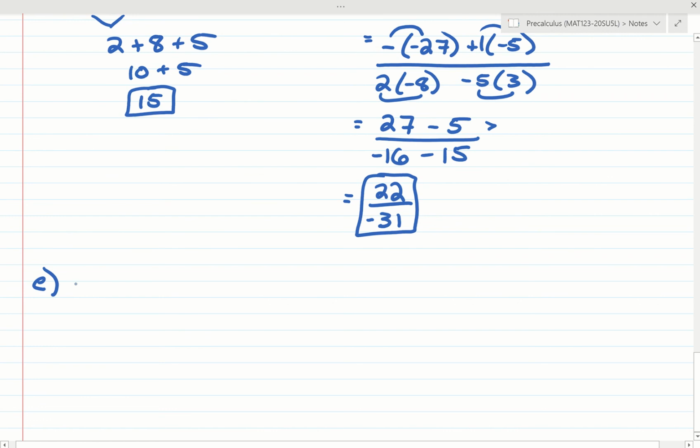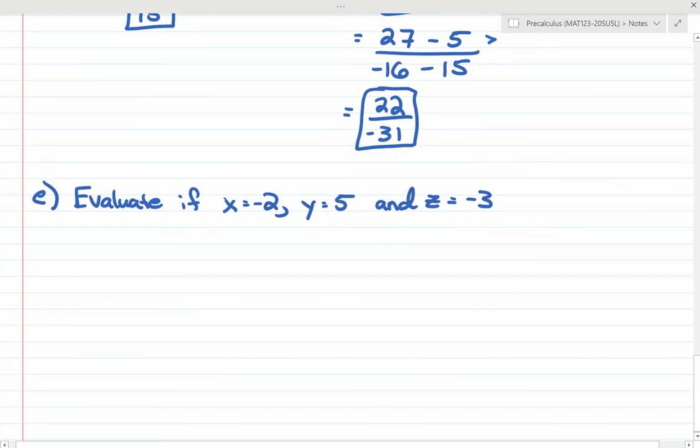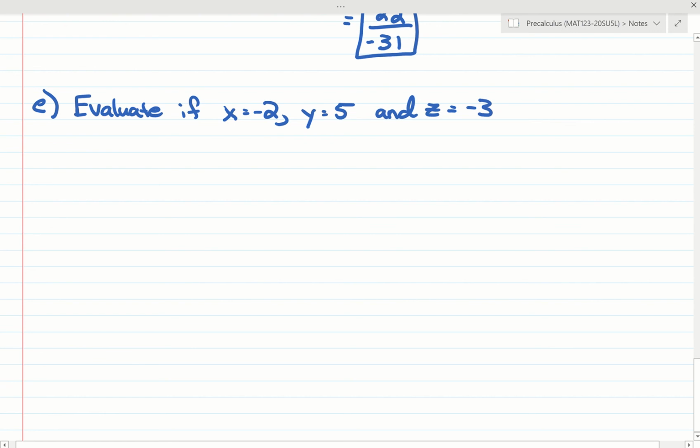What if I told you to evaluate if x is equal to -2, y is equal to 5, and z is equal to -3. So I draw my z's with a line through it so they can't be confused with like a 2. All right.